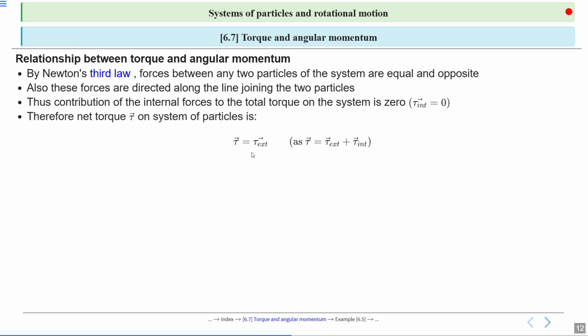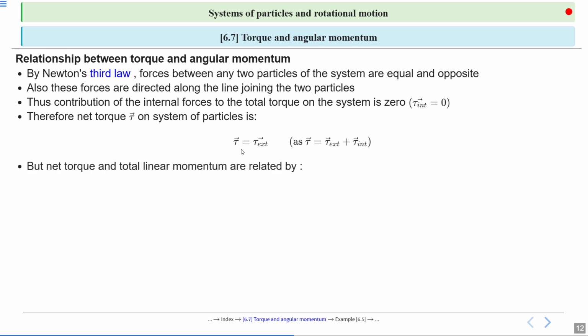Therefore, the torque on the system of particles due to internal force, the internal torque, is zero. So net torque tau equals tau external only, because tau internal is zero.